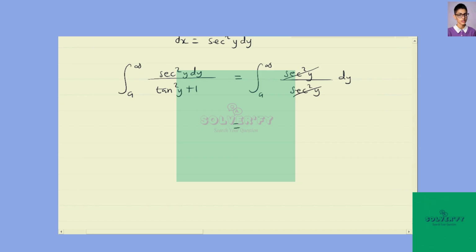So then now we have the integral a to infinity dy. We can also replace that with the limit as t approaches infinity, a to t dy.